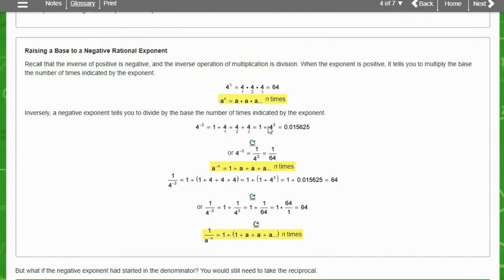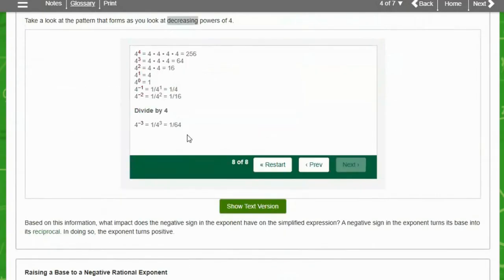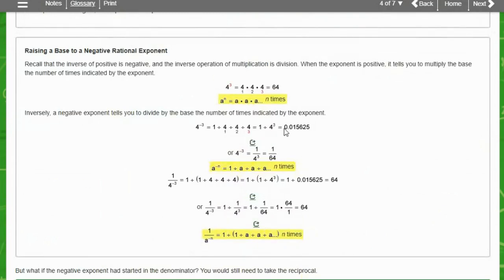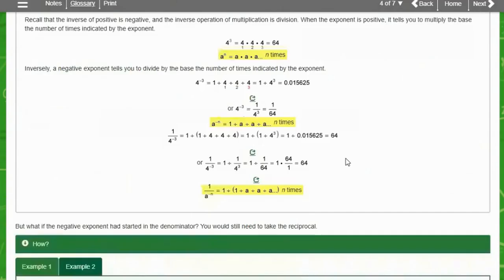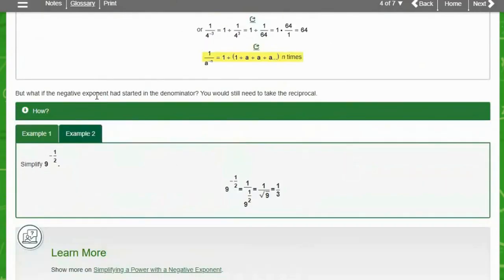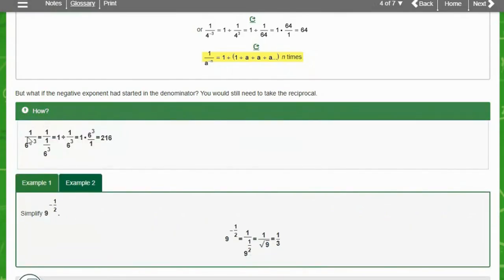They're doing that dividing thing that we were doing up here, dividing the total to figure out what it equals. 0.015625 is 4 to the negative 3rd power, but it's also 1 divided by 64. But what if the negative exponent started in the denominator? Well, that's what we talked about. 1 over 6 to the negative 3 moves up to become 6 to the 3 over 1, or 216 if we simplify it.